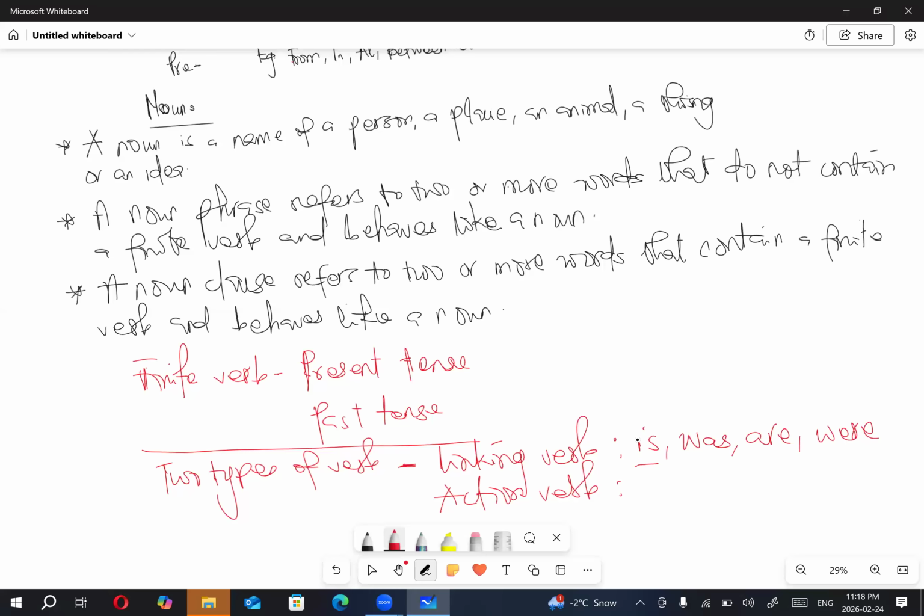Don't forget that we are looking at finite verbs, and I said if the verb tense is either present or past, it's finite, right? And I want to show you some examples of verbs for us to use to conduct our analysis. And I said linking verb. So is in present tense.